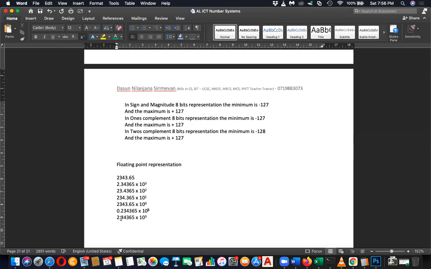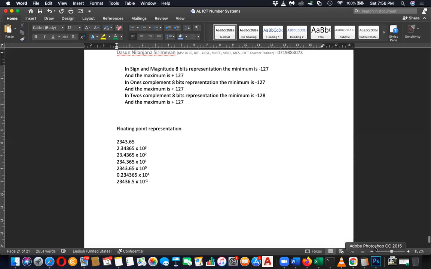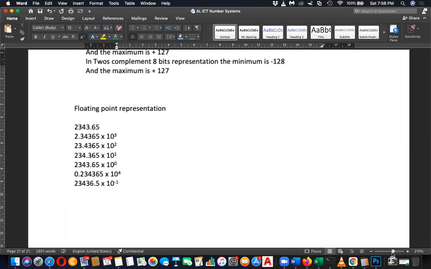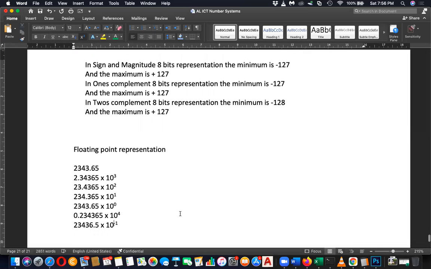And you can even write this number as 23436.5 times 10 to the power minus 1. So all these are valid representations for this number. You can see the decimal point is floating. It has moved 3 positions left, making 10 to the power 3.